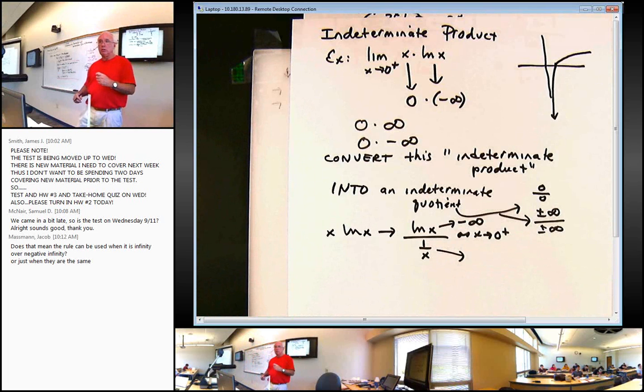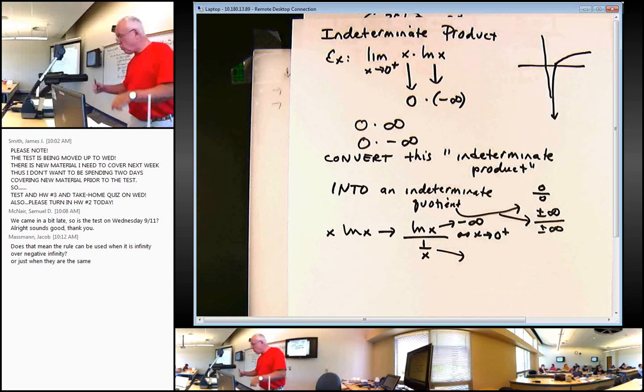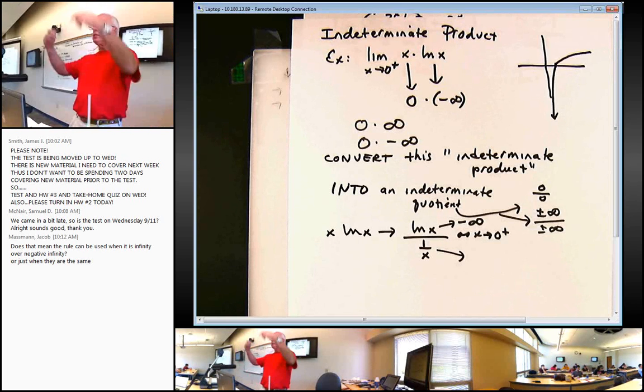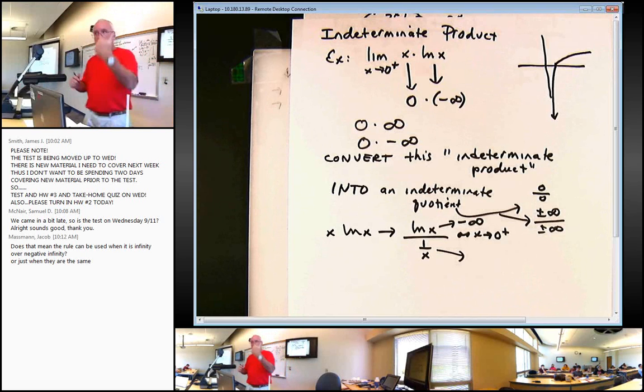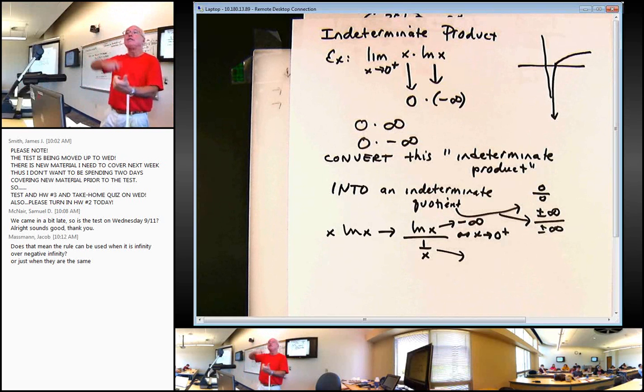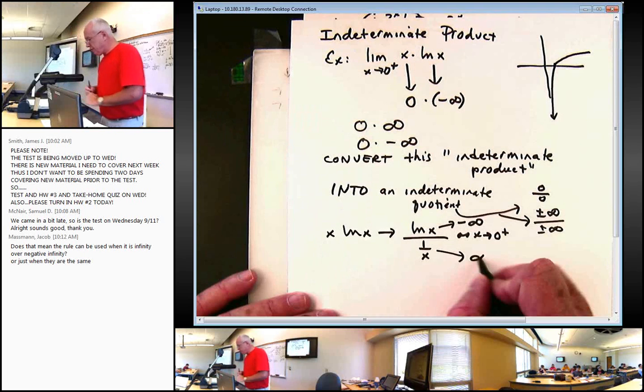It'll be positive infinity. We're going to have 1 over 1/10, 1 over 1,000, 1 over a million. Dividing by smaller and smaller numbers gives you a bigger and bigger result. So this is going to go to positive infinity.